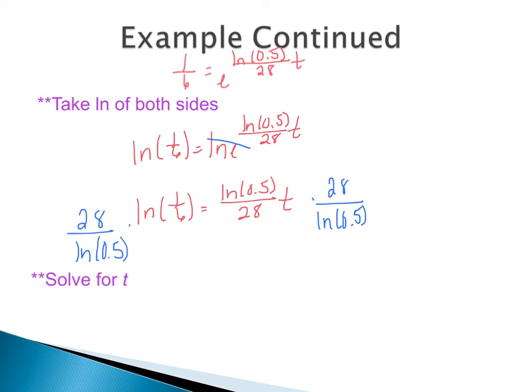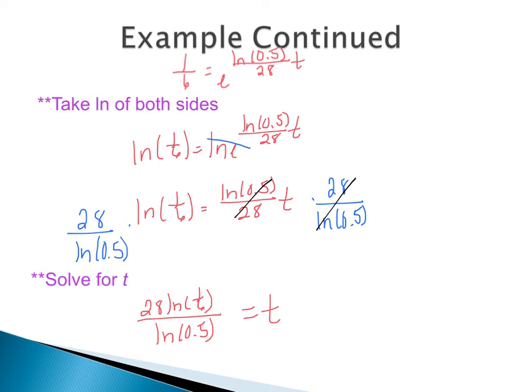So then on the right-hand side, your fractions will end up canceling out. On the left-hand side, we can rewrite this as one fraction: 28 natural log of 1/6 over natural log of 0.5, which would be equal to t. So again, that would be your exact answer, but not very helpful to us.